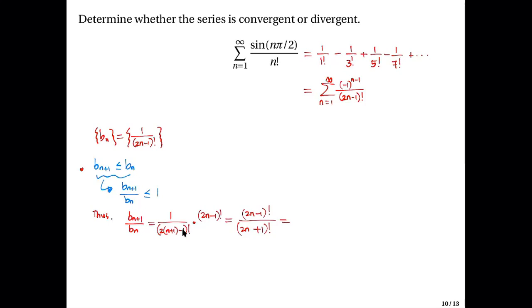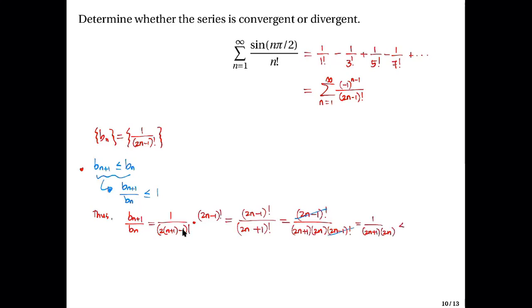Tapos, sulat lang natin, definition of factorial. Sa numerator, isulat pa rin natin siya as 2n minus 1 factorial. Yung 2n plus 1 factorial, it's just 2n plus 1 times 2n times 2n minus 1, and then we put the factorial here. Correct? And of course, makikita nyo, magka-cancel si 2n minus 1 factorial. So may iwan lang sa atin is 1 over 2n plus 1 times 2n.